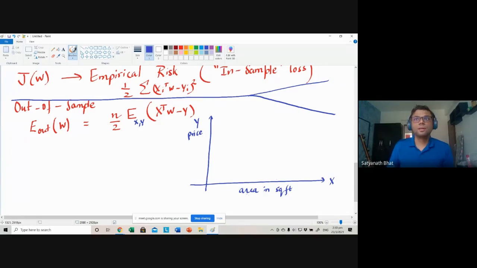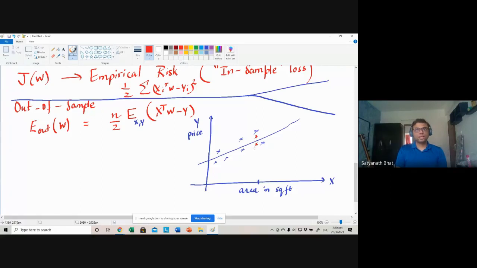Depending upon whether the area is more, you would expect this to be the linear regression model that is learned. But when you take samples, sometimes for a particular value of area there could be two points at different prices, a price P1 and P2. Can someone explain why this can happen?